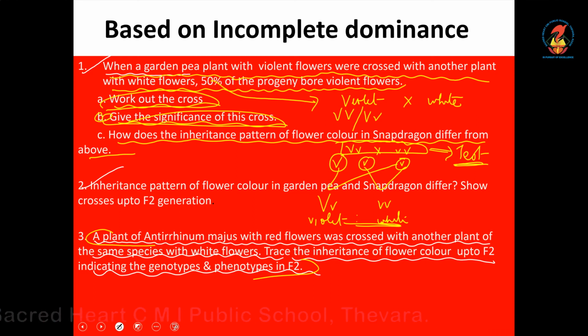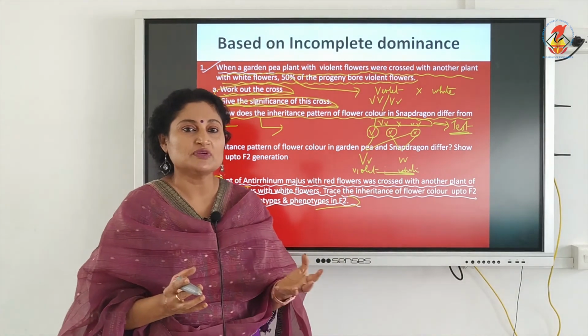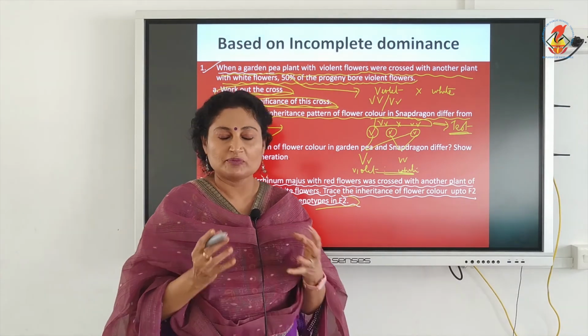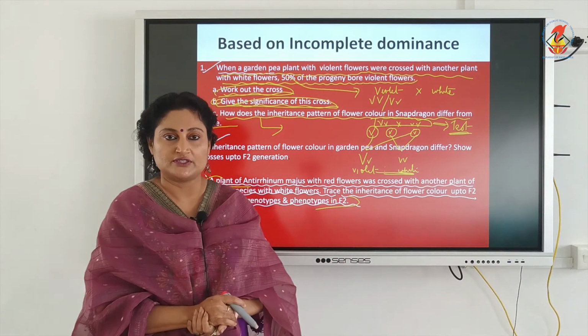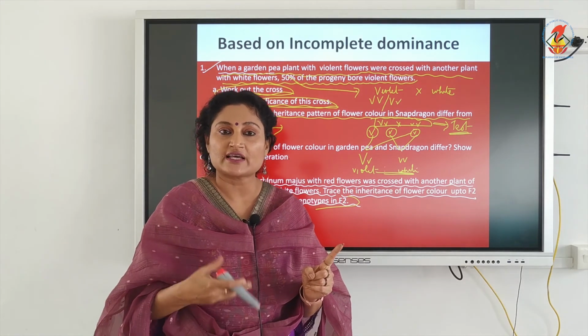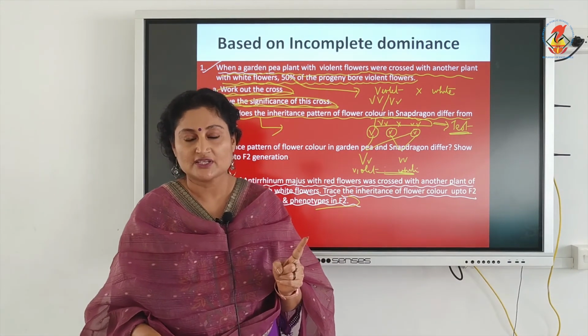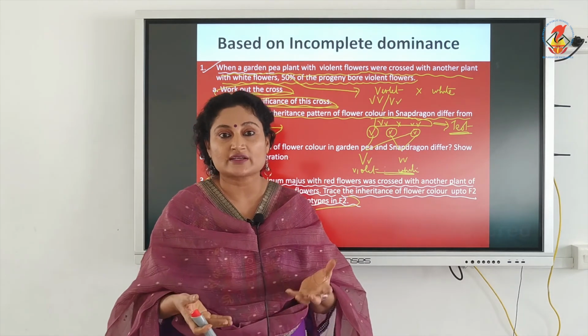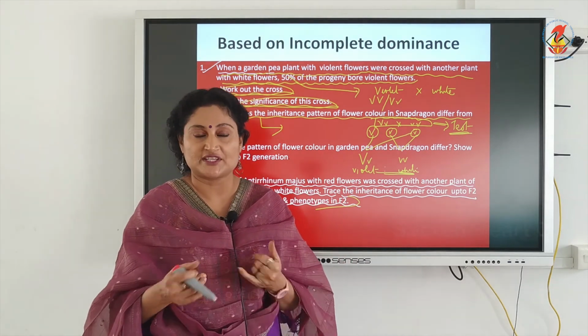And lastly, how is it different from the pattern of inheritance with Snapdragon? So you have to give what I have dealt with: all the features coming under incomplete dominance and complete dominance. One feature we can highlight is, in complete dominance one character is expressed while the other character is suppressed, whereas in incomplete dominance both the characters are partially expressed.